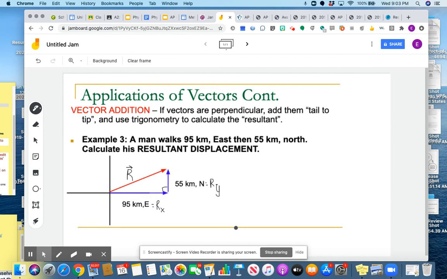Hopefully you're thinking Pythagorean theorem. We know that the equation for Pythagorean theorem is a squared plus b squared equals c squared, where a is the adjacent side, b is the opposite side, and c is the hypotenuse.